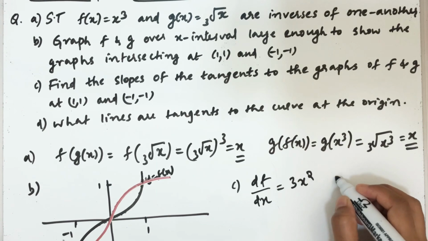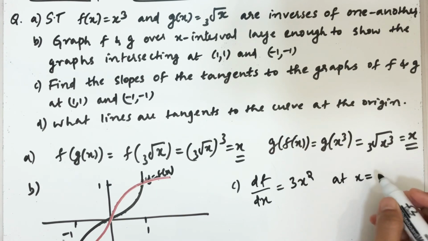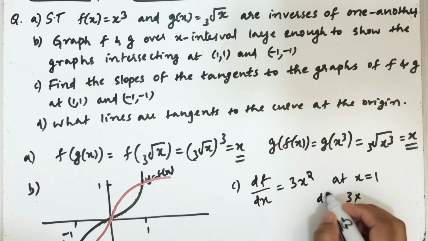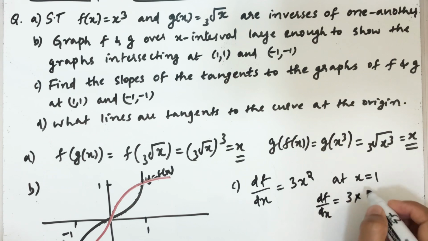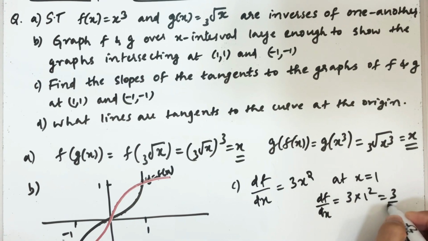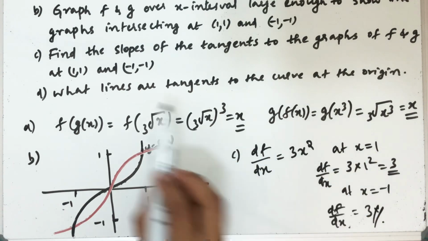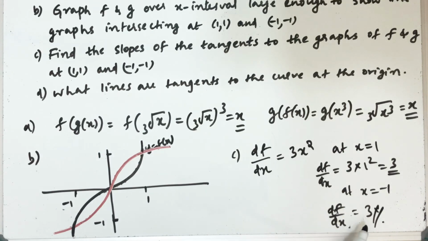At x equal to 1, df by dx is 3 into 1 square, that is 3. And at x equal to minus 1, df by dx is 3 into minus 1 square, again 1, that is 3 itself. So at (1, 1) and (-1, -1), the slope of f is 3.